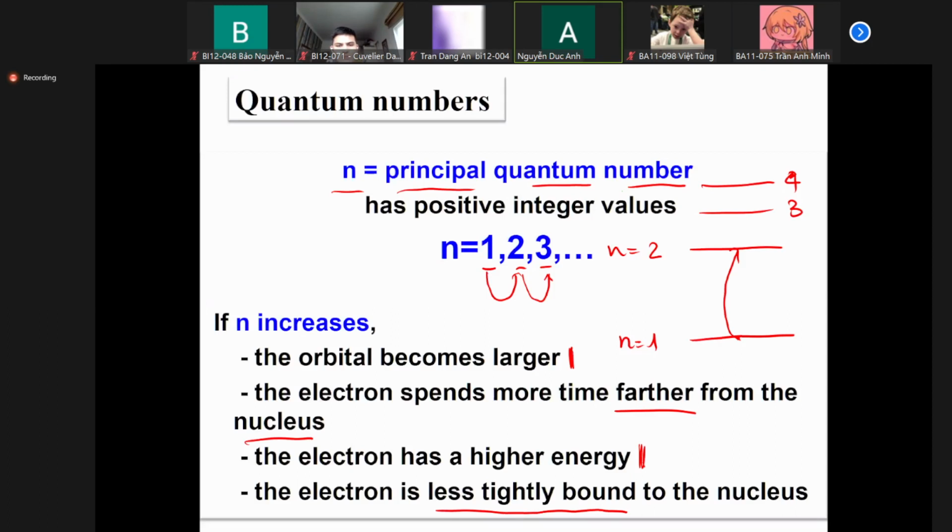If you consider any reaction or process happening to the electrons of the atom, normally it will happen to the electrons that stay farther out rather than those that stay closer to the nucleus.